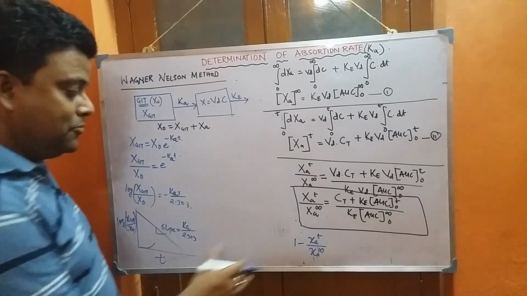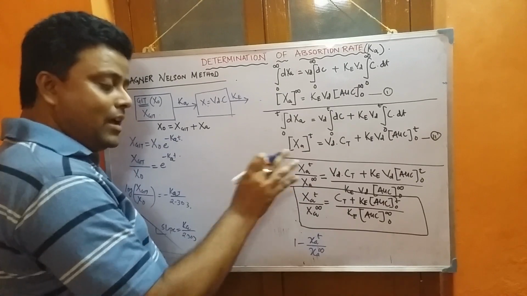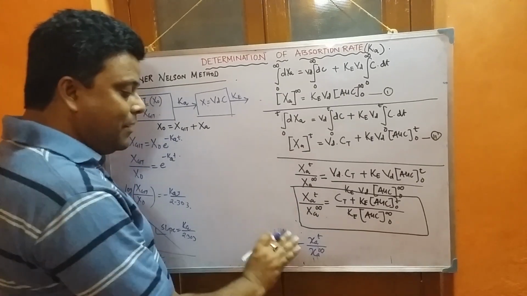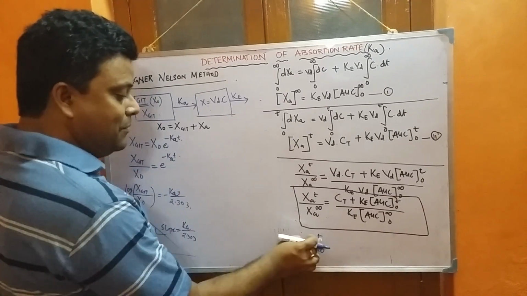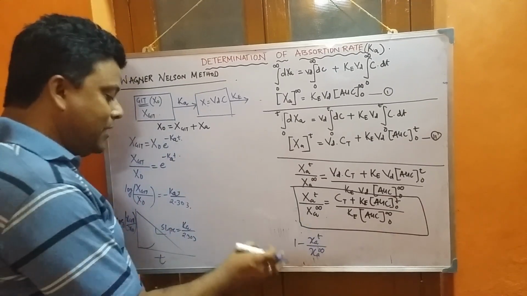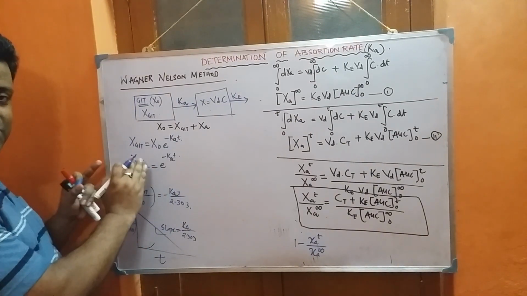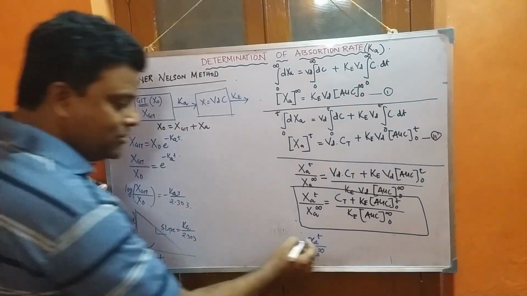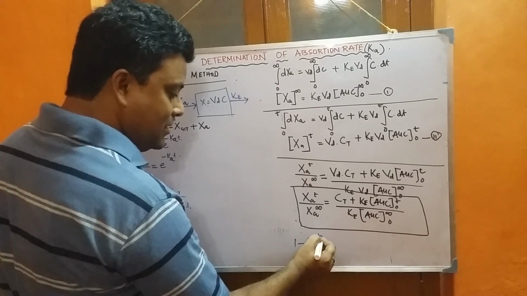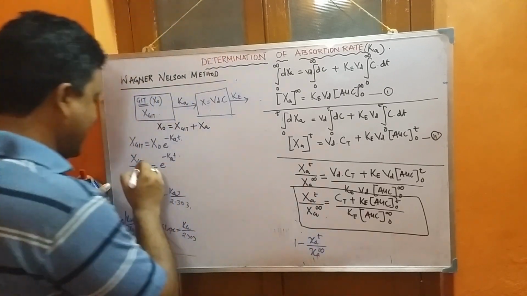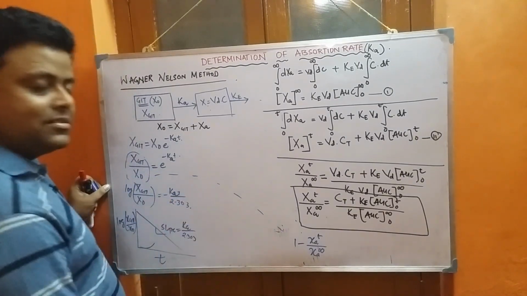If total is 1 and this is the fraction absorbed at the given time t, then 1 minus it gives the remaining part, which is nothing but your XGIT by X0. So this thing can be correlated with this.